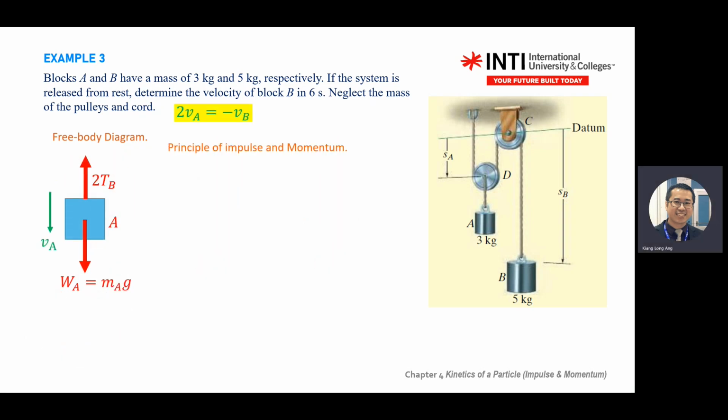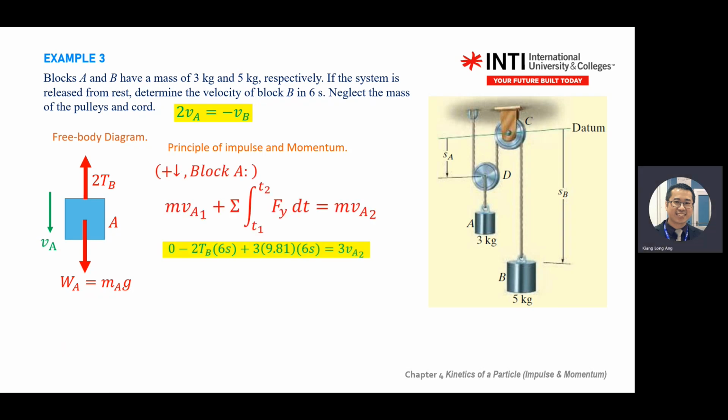We call this the principle of impulse and momentum. What is the equation? mv1 plus the integral of F dt equal to mv2. Without the integral sign, it is still wrong.